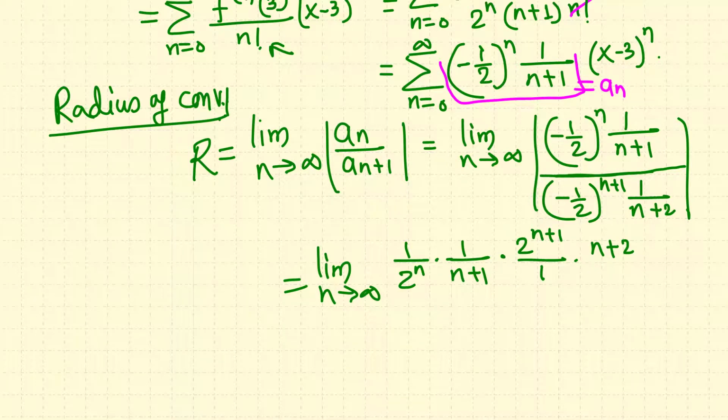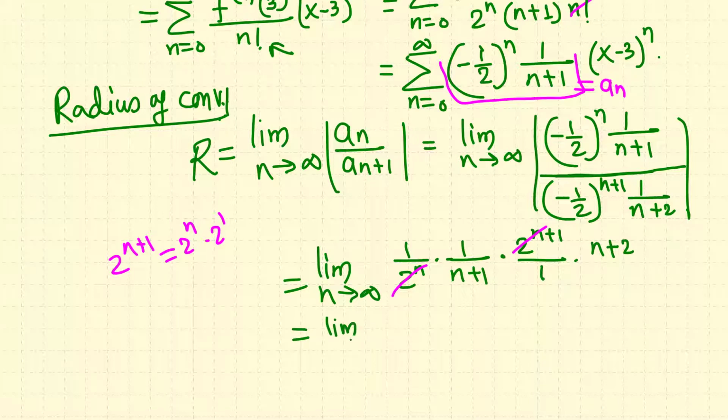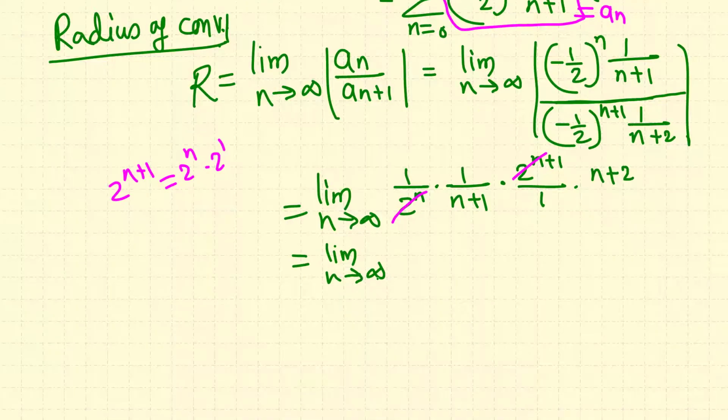And we know that 2 raised to n plus 1 is 2 raised to n times 2 raised to 1, or just 2. So 2 raised to n, 2 raised to n cancel, so 2 survives there. So this limit is the limit n going to infinity of 2 times (n plus 2) over (n plus 1).